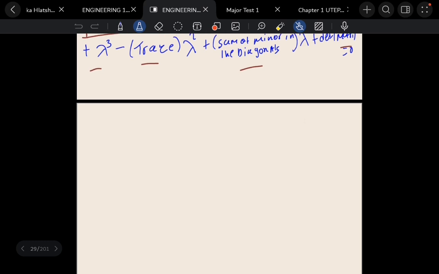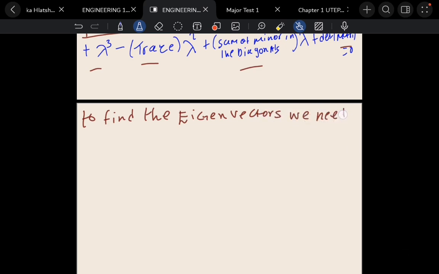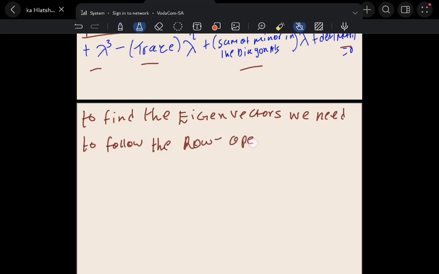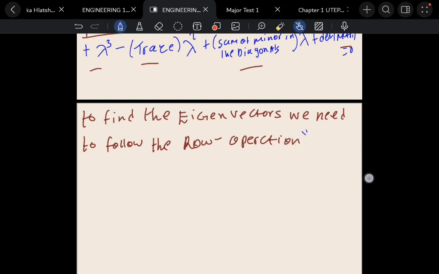And to find the eigenvectors, we need to follow the row operations, or we need to perform something called the row echelon form.